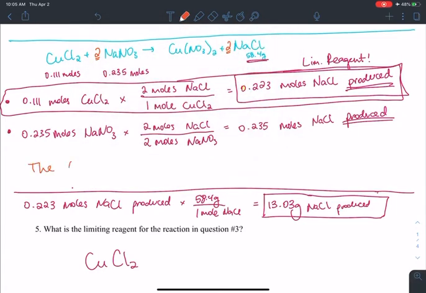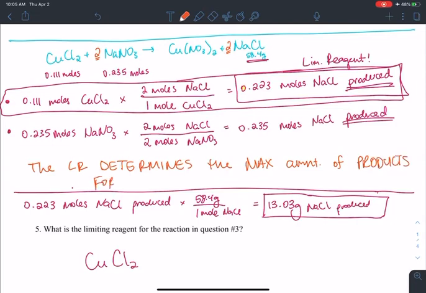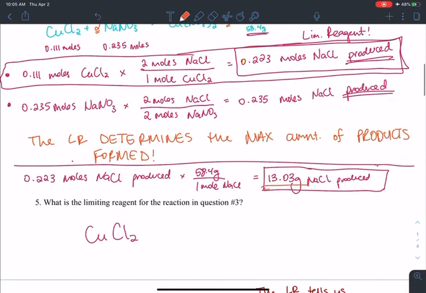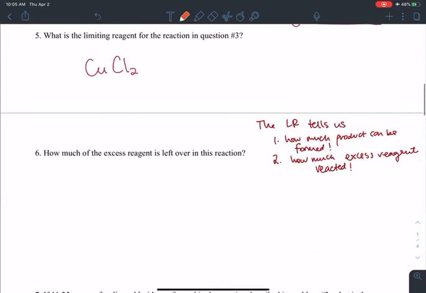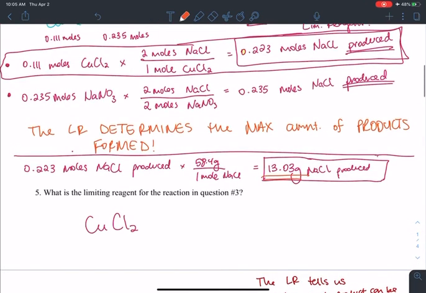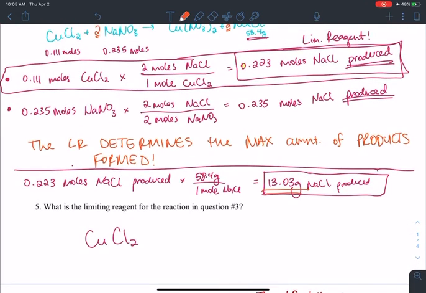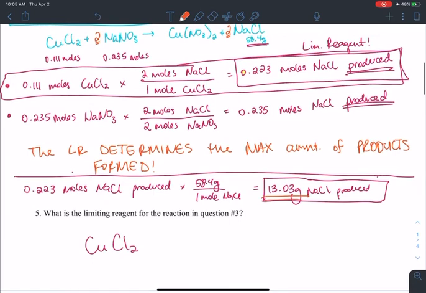So the limiting reagent determines the max amount of products formed. Okay? That is the maximum amount of product that can be formed. We also determined that the limiting reagent's identity was copper 2 chloride, and that's because it resulted in the least amount of product being formed.